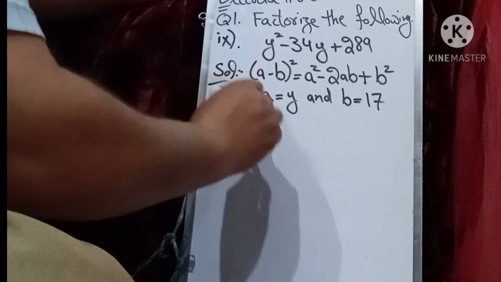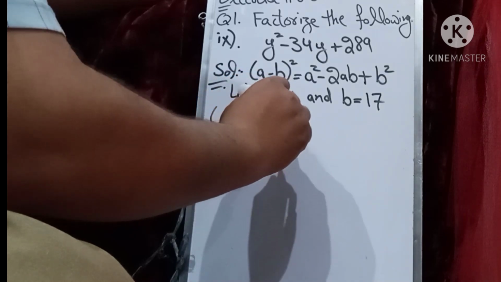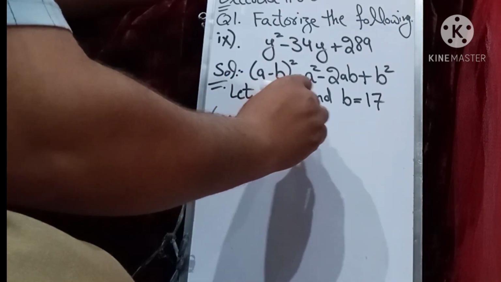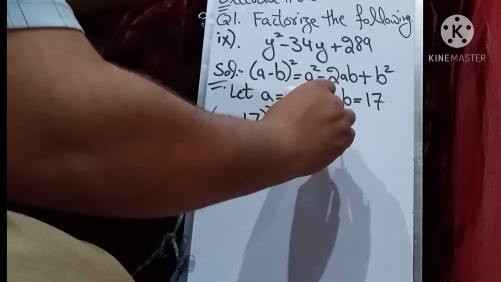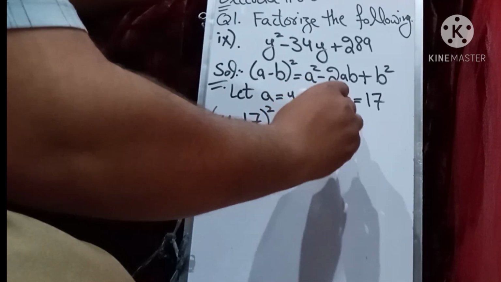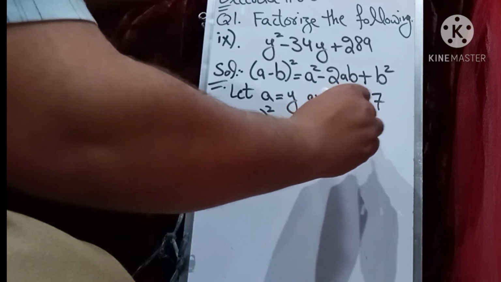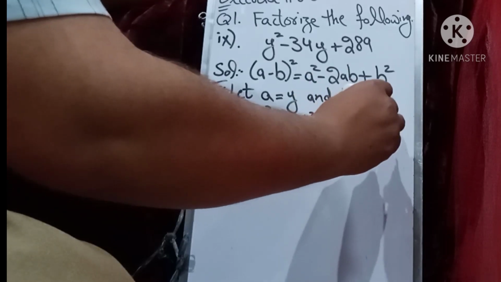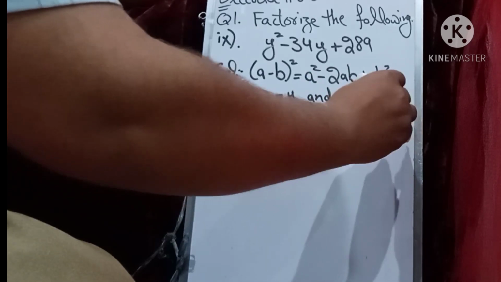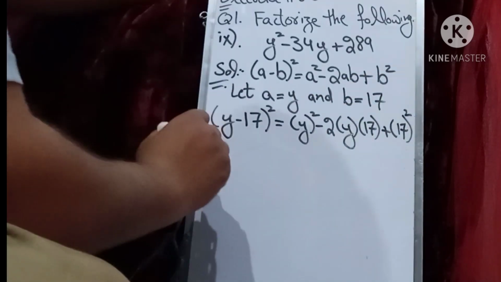So when we put these values into the (a minus b) whole square formula, we get y square minus 2 into y into 17 plus 17 whole square.